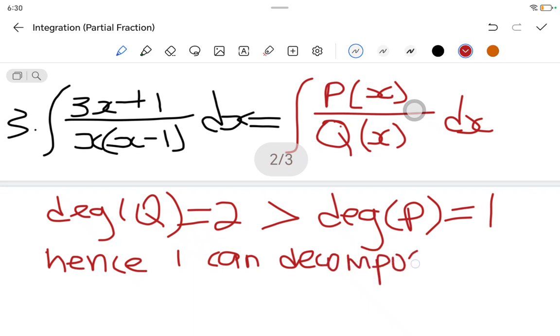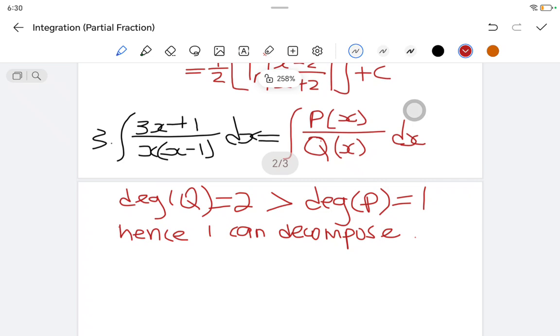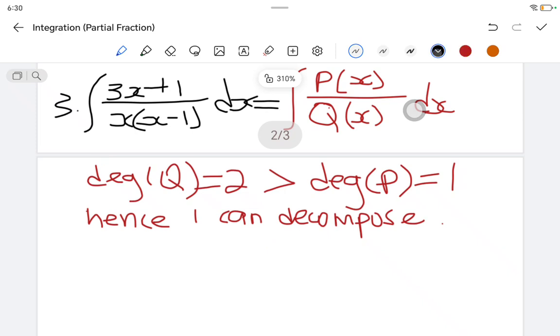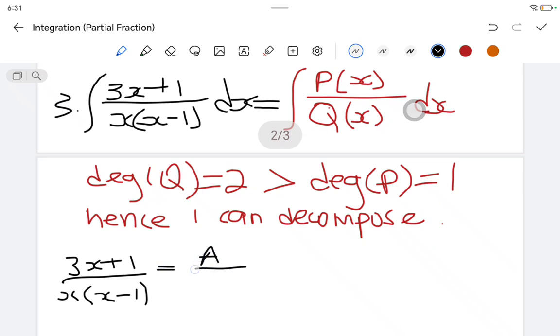Hence I can decompose, right? So now, since we can decompose and already the denominator is factorized, here's what you're going to do. You're going to say that 3x plus 1 over x minus 1 is equal to a over x plus b over x minus 1. We're going to ignore anything that is in the numerator. We don't care what's in the numerator, as long as this condition is met and the denominator can be factorized.